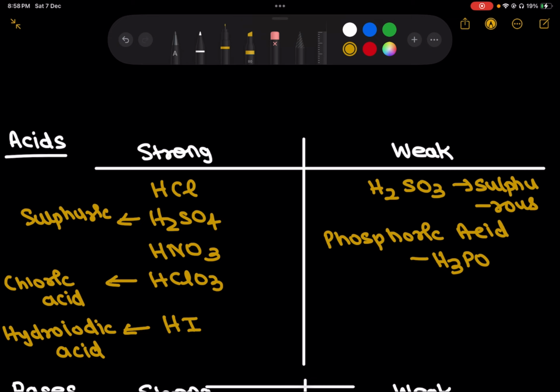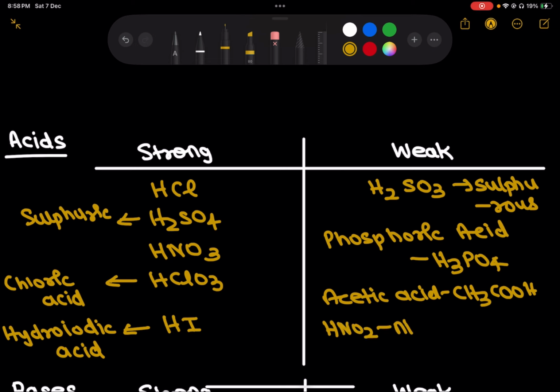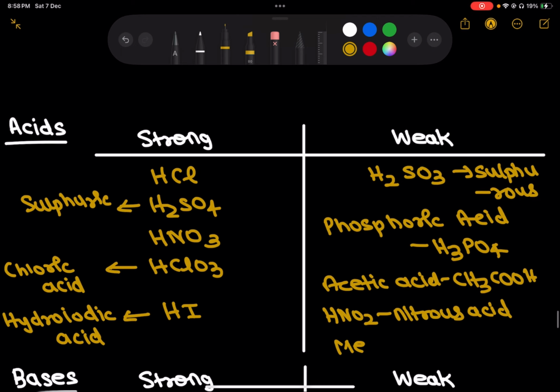Okay. We have acetic acid, CH3COOH, vinegar, right? Nitrous acid, HNO2. This is nitric, HNO3 is nitric, HNO2 is nitrous. And we have methanoic acid. Okay, so this is the differentiation between strong and weak acids.